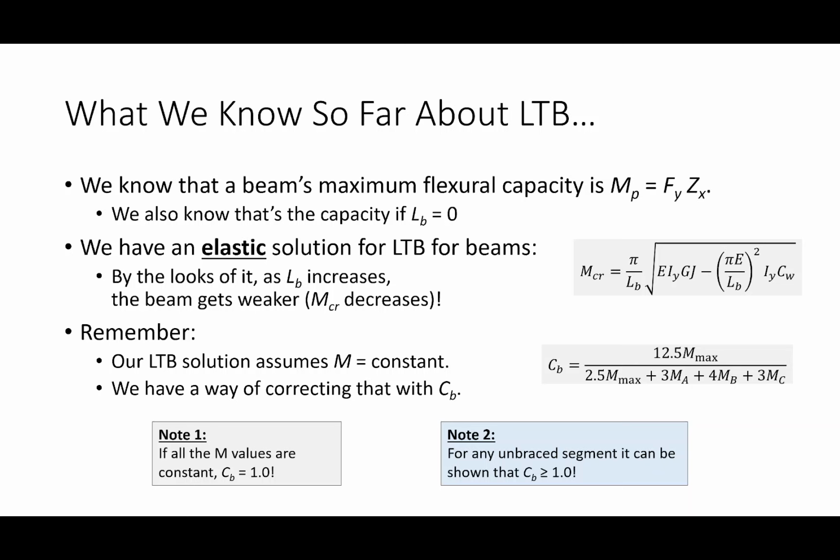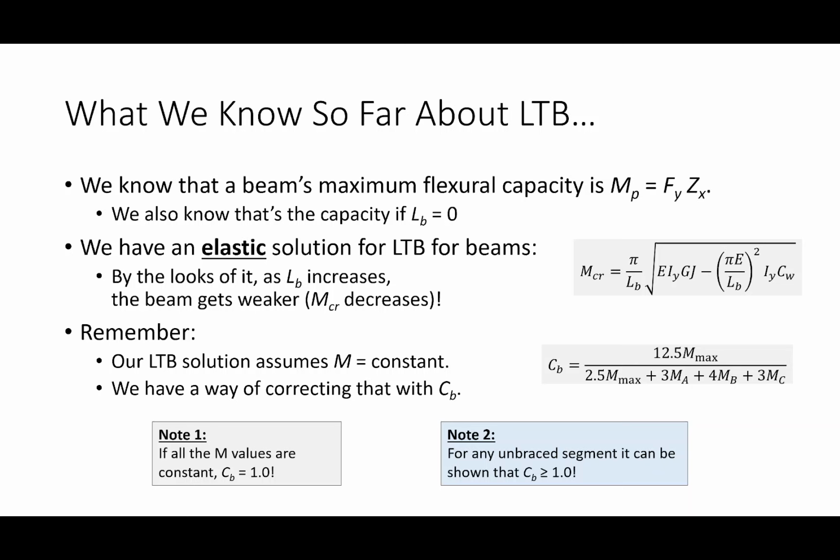Okay, so what happens to CB if M is a constant? Well, if M is a constant, within an unbraced segment, MA, MB, MC, and Mmax are all going to be the same term. So we'll call them M. So we have 12.5 M divided by 2.5, 3, 4, 3. So 12.5 over 12.5 is 1, right?